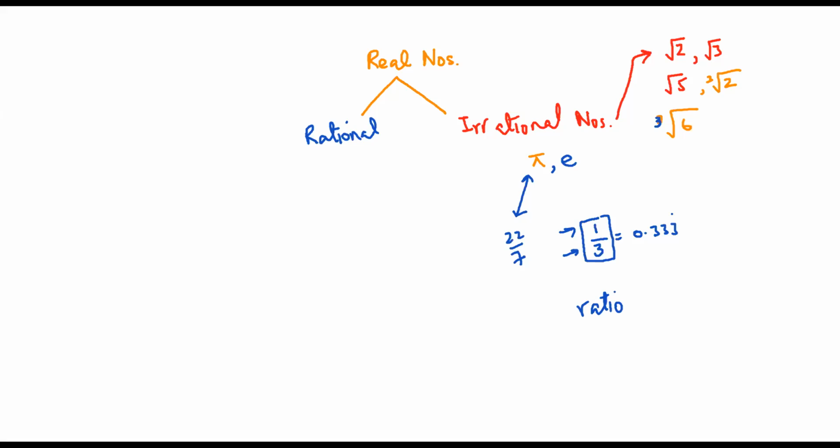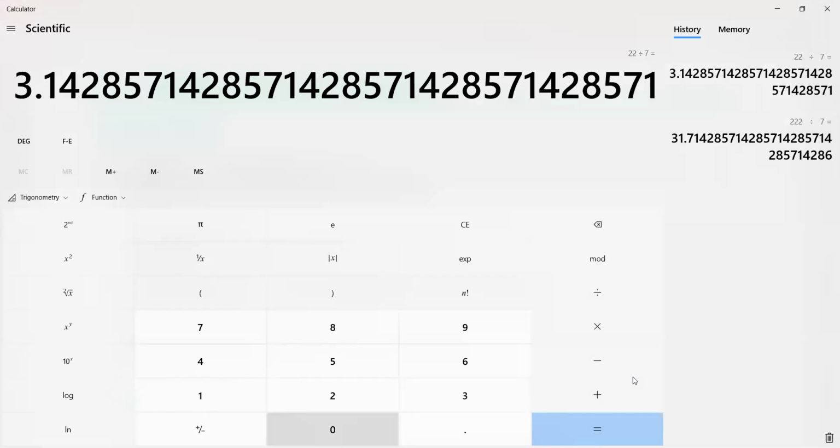Can you see this calculator? No, you can't. Okay, so here is the calculator, and I have divided 22 by 7. Can you see this from 1 to 7, this from 1 to 7, this from 1 to 7?